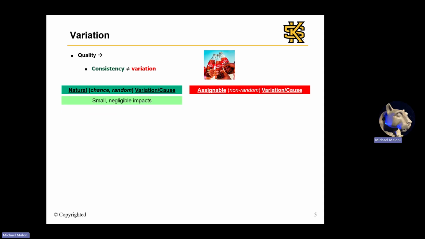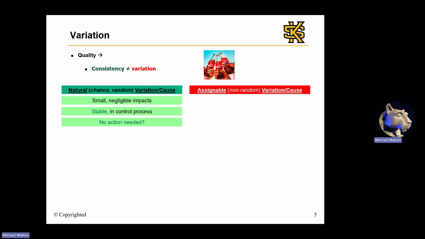It's random and cannot be controlled, so it's always present and cannot be eliminated. So natural variation does not generally present issues in meeting customer expectations. Processes with only natural variation can be considered stable, which means in control. And so no action is likely needed to improve the process.